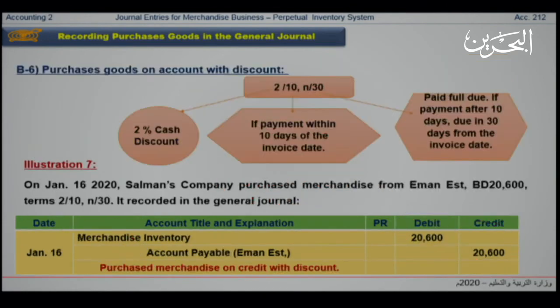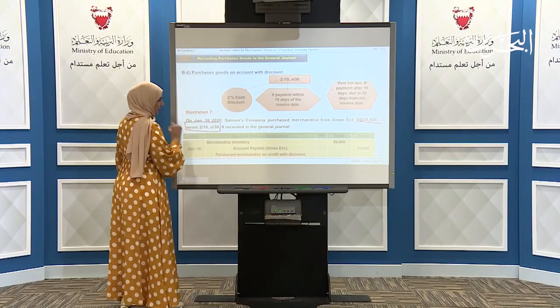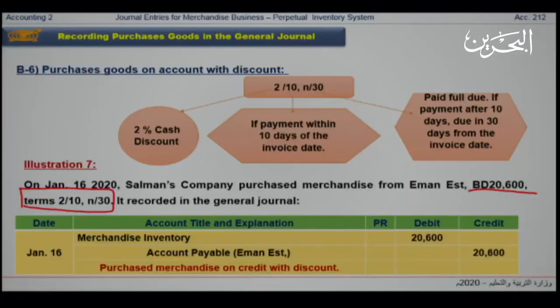Shifting to the purchase of goods on account with discount. Let us take this example. Salman Company purchased merchandise from Iman with an amount of 20,600 with this term. Let us take more details about the term that I have.